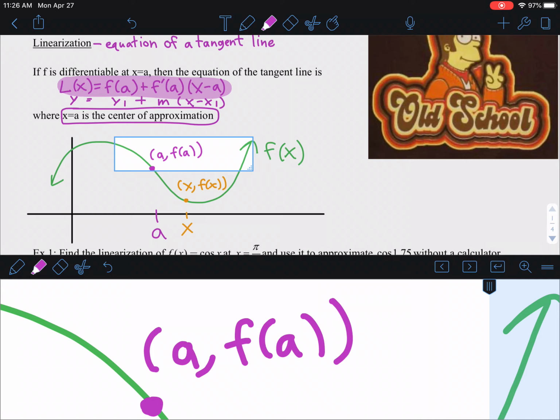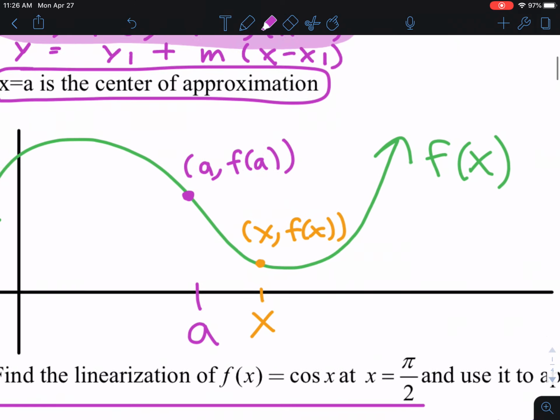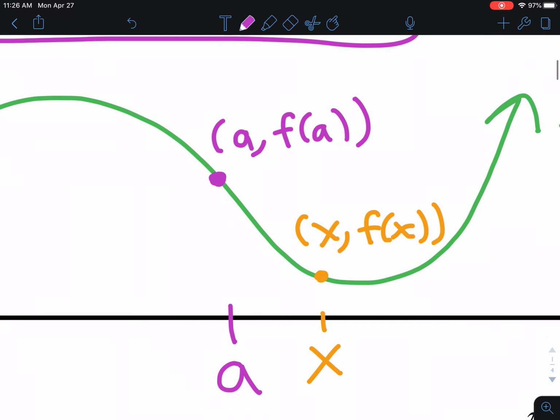At a comma f of a, I'm going to make my tangent line, and it's going to look something like this. There's my blue tangent line right there at x equals a.